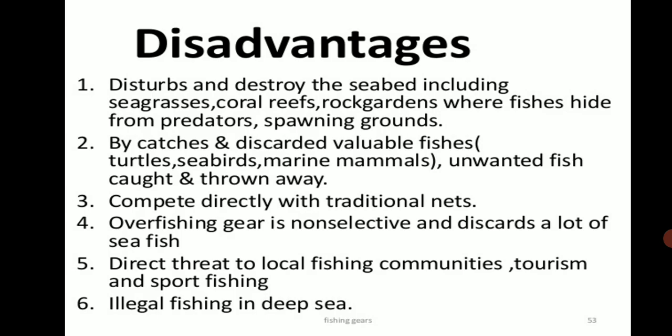Competes directly with traditional nets. Overfishing: gear is non-selective and discards a lot of sea fish. Direct threat to the local fishing community, tourism and sport fishing, illegal fishing in the deep sea.